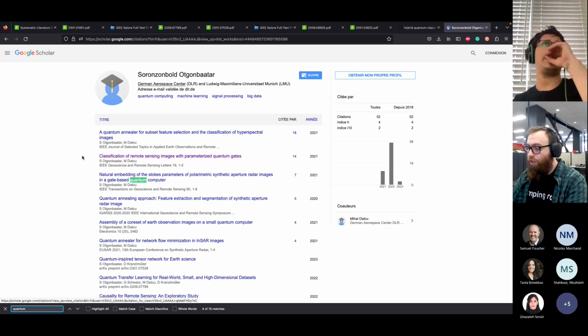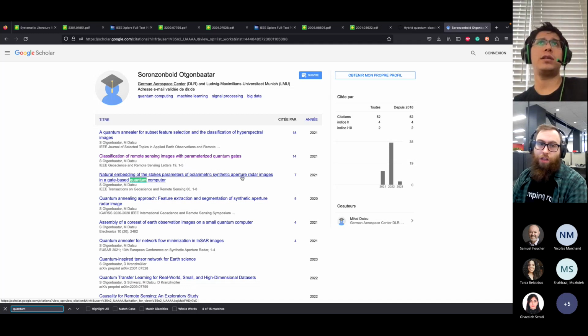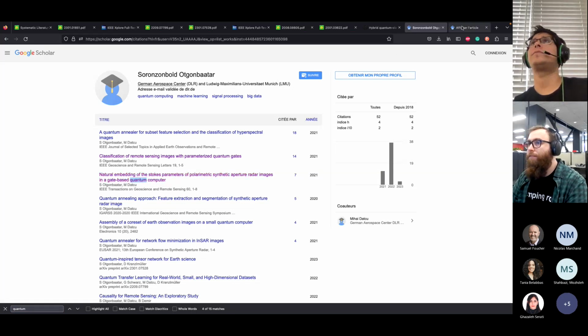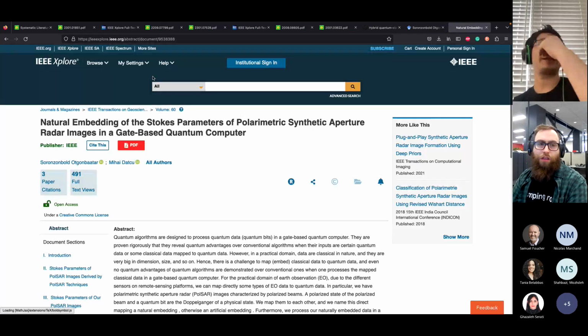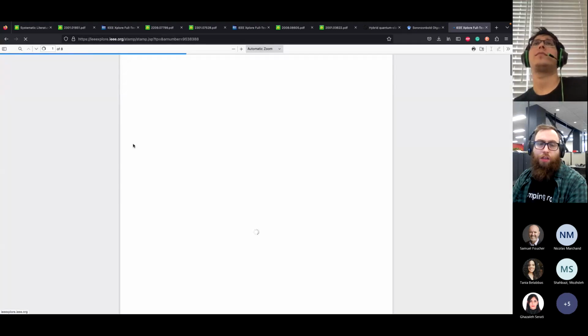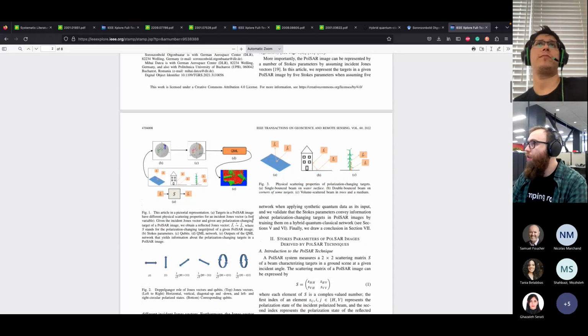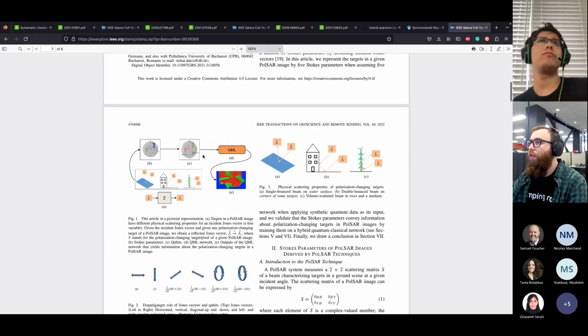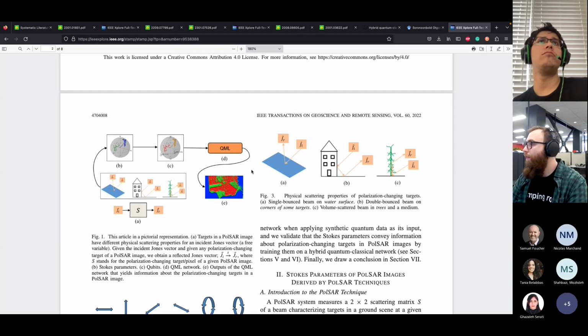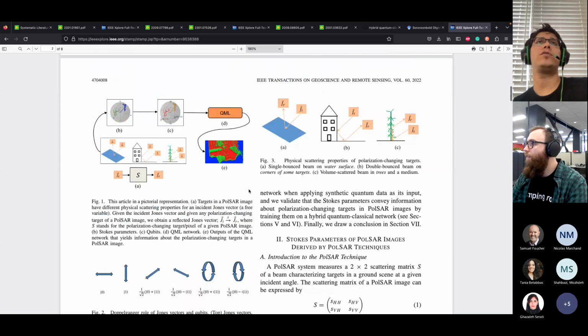So this is another one: Natural embedding of the Stokes parameters of polarimetric synthetic aperture radar images in a gate-based quantum computer. Okay, again, this is the keyword we're looking for, gate-based quantum computer. Let's look at this one now. Let's see what they're doing.